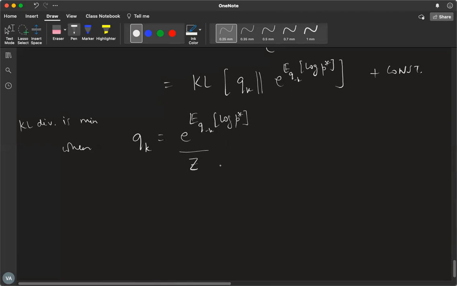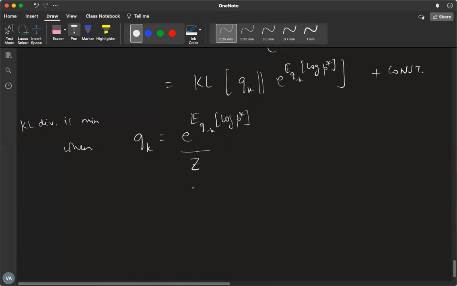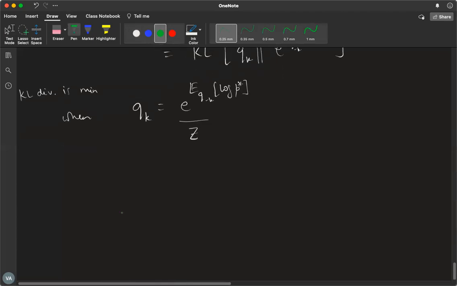We can see one example of applying it to the Ising model. So let's say I will define my Ising model again, applying mean field approximation to the Ising model.